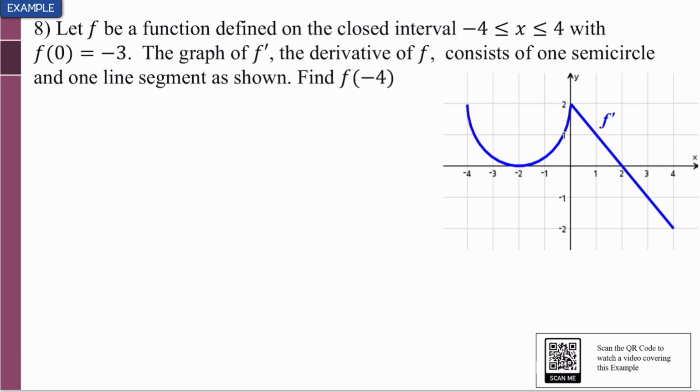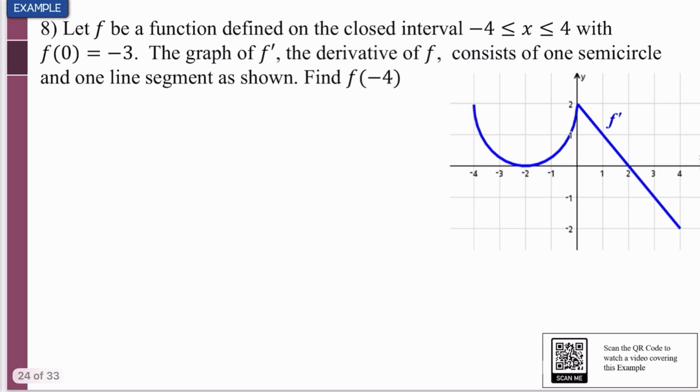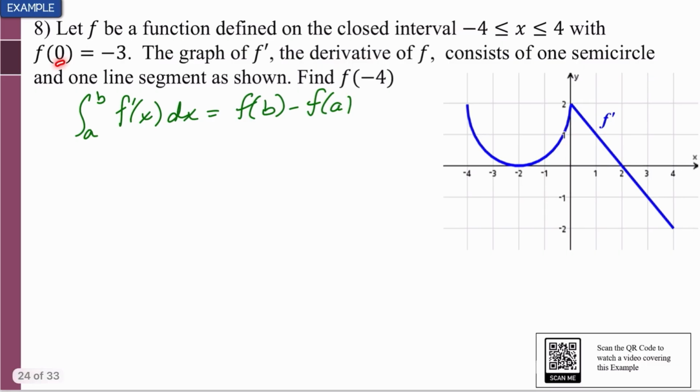So what we're going to do is use the fundamental theorem of calculus. So we know that the integral from a to b of f prime of x dx is going to be f of b minus f of a. Now, since I have f of 0 and I'm looking for f of negative 4, that's what I'm going to choose for my bounds.